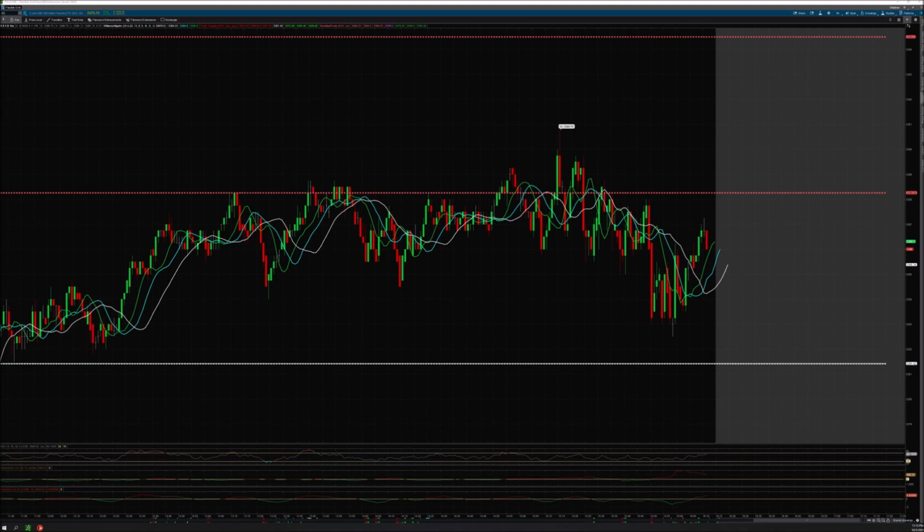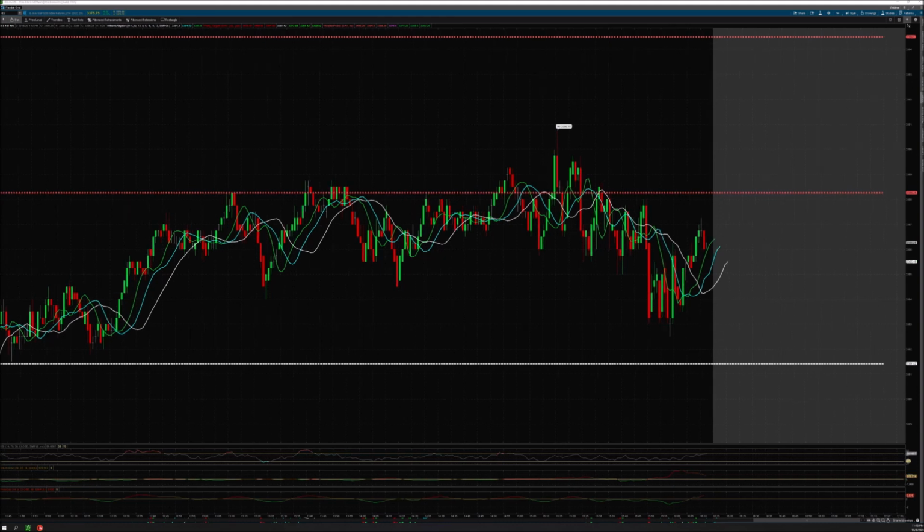I'm waiting for a pullback. I should have bought it on Friday when we had that 200-and-something. But we'll see. Like I said, it's a work in progress on that account. It's a little bit challenging.